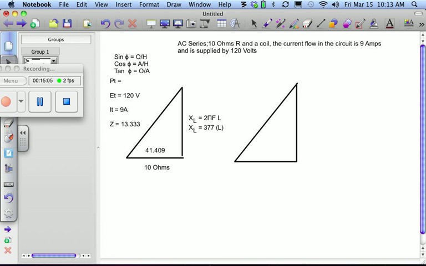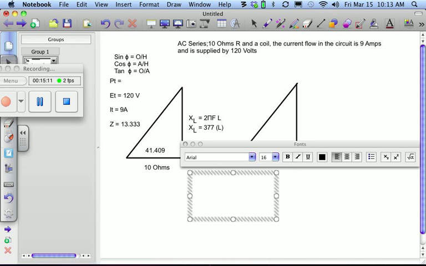And if we put in that right here, we have 0.66143 and so on is equal to the opposite divided by 13.33, right?